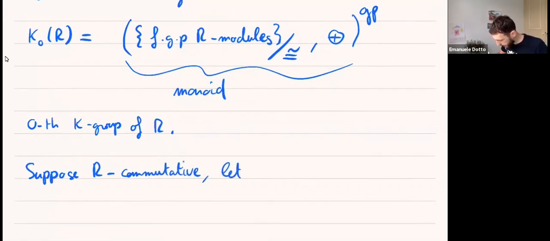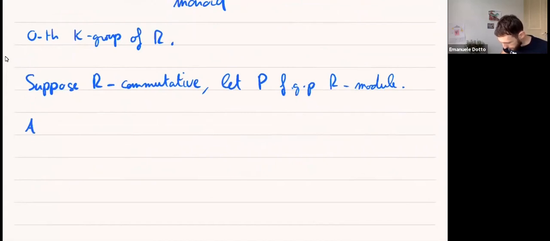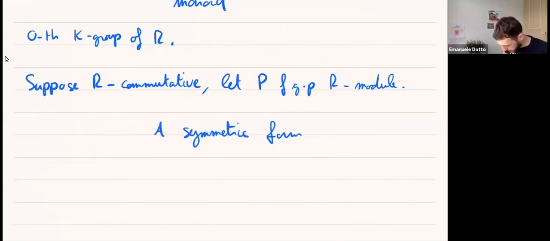Let's take a finitely generated projective module P, and then a symmetric form. I should say, not only a finitely generated projective module, let's also take a unit in R, epsilon, a unit in R. Now I can put some adjectives in front of the word form.